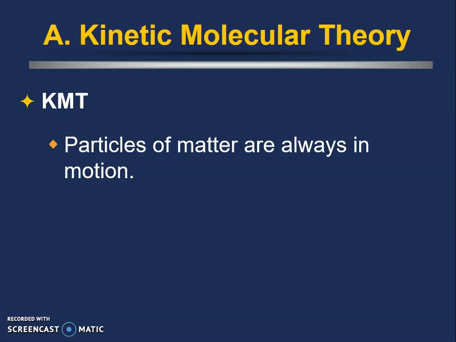If you're sitting at a table or in a chair, it doesn't feel like it's moving. It feels like a solid object, but it's actually made up of trillions of different atoms, and those atoms are constantly moving. But because of the forces between them, it feels like it's solid, and to us it feels like we're not moving.